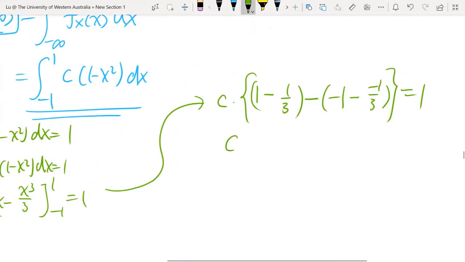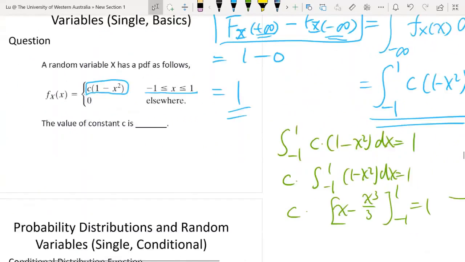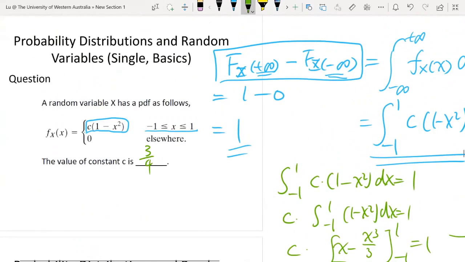So this gives us c multiplied by 2 over 3, minus negative 2 over 3, equal to 1. So c times 4 over 3 is 1. So this gives us c equal to 3 over 4. Then you solved it. c is 3 over 4. Okay, finish.